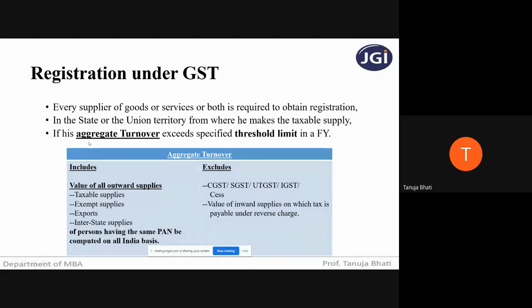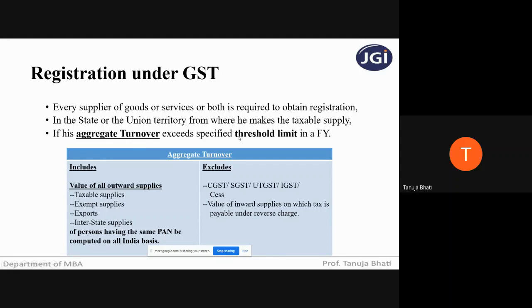So I hope everyone has understood the meaning of aggregate turnover. Yes, students? Yes, ma'am. Okay. In common language, turnover is nothing but the volume of the business, right? But this volume in terms of GST means all the outward supplies.